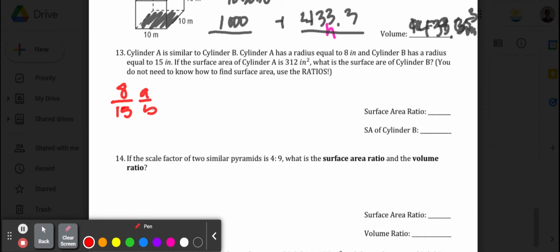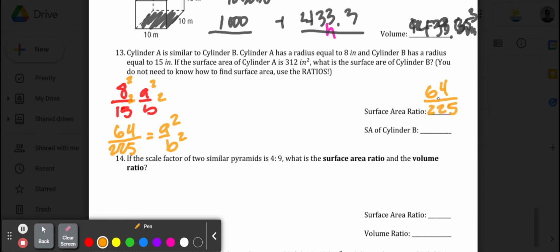If I square this, I'll get my A squared to B squared. So if I square these terms, that would be 64 over 15 squared is 225, I believe. There we get A squared over B squared. So that's my surface area ratio it's asking for right there. 64 over 225.